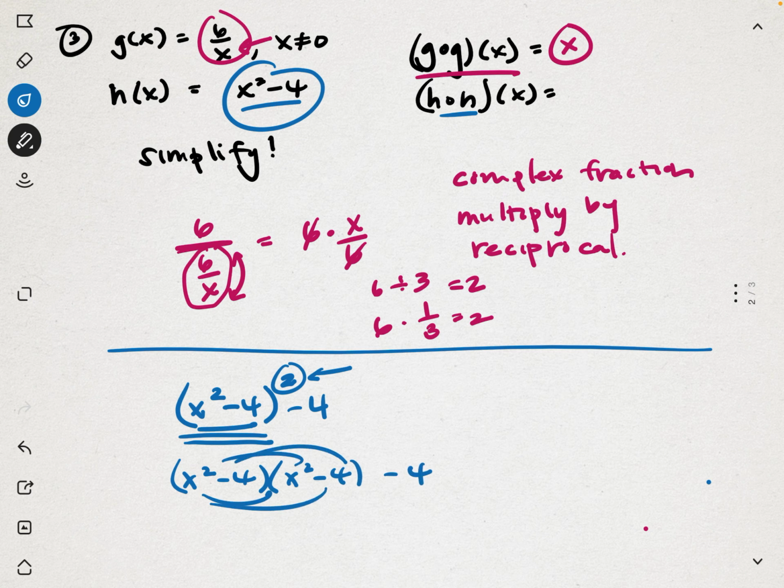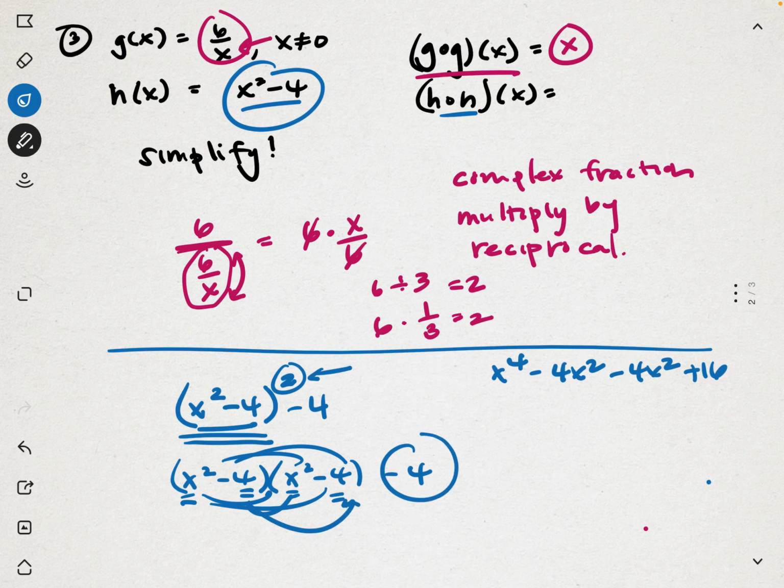So then we get x squared times x squared is x to the 4th. Then x squared times negative 4 is negative 4x squared. Then negative 4 times x squared is negative 4x squared, and negative 4 times negative 4 is positive 16. We can't forget that minus 4 there.